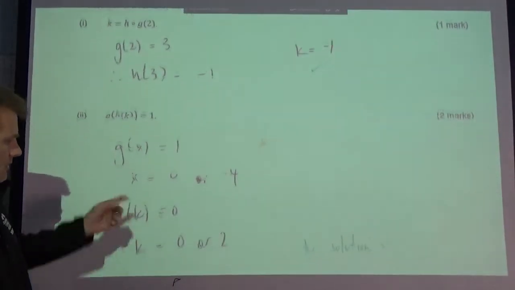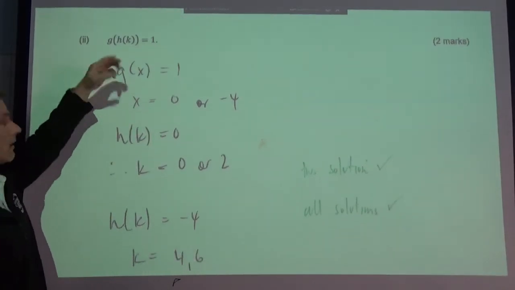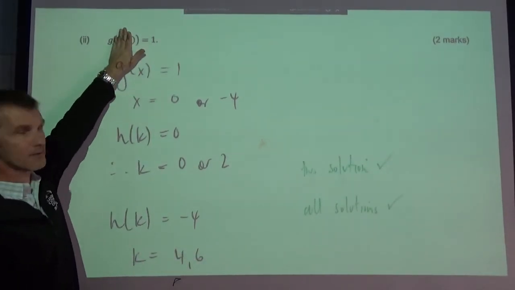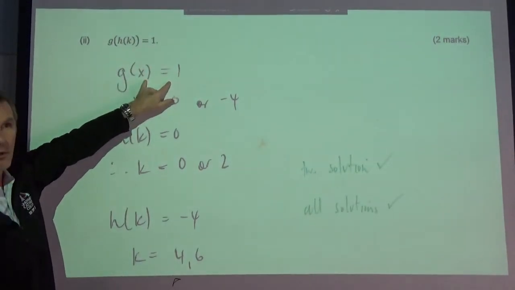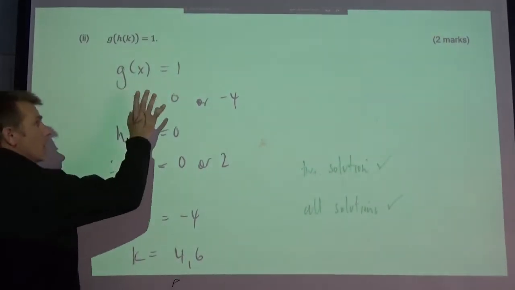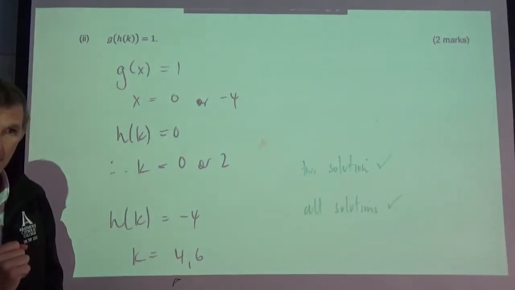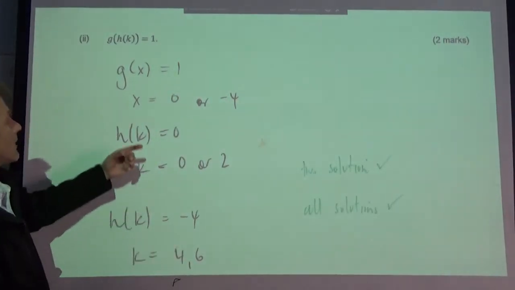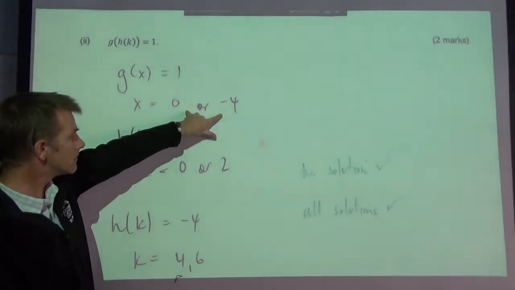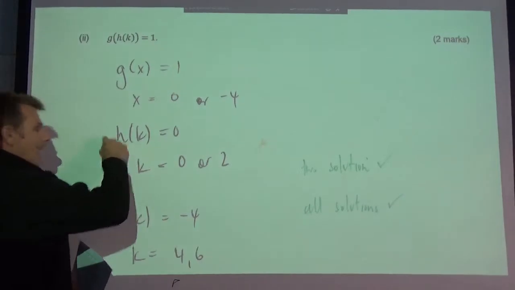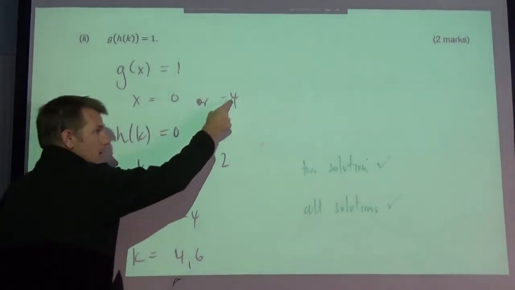Now this one is a good question because we get multiple solutions here. Right, let's have a look. Again, I've kind of done the opposite here. I've said forget about this h of k business in here. Just read it as g of x equals 1. Now from the graph, don't move this time. From the graph, g of x equaling 1, I get 2 solutions out of it. Right? And then I've said, well, okay, if g of x equaling 1 gets these, then what I've got to do is make h of k equal to that one, or h of k equal to that one.